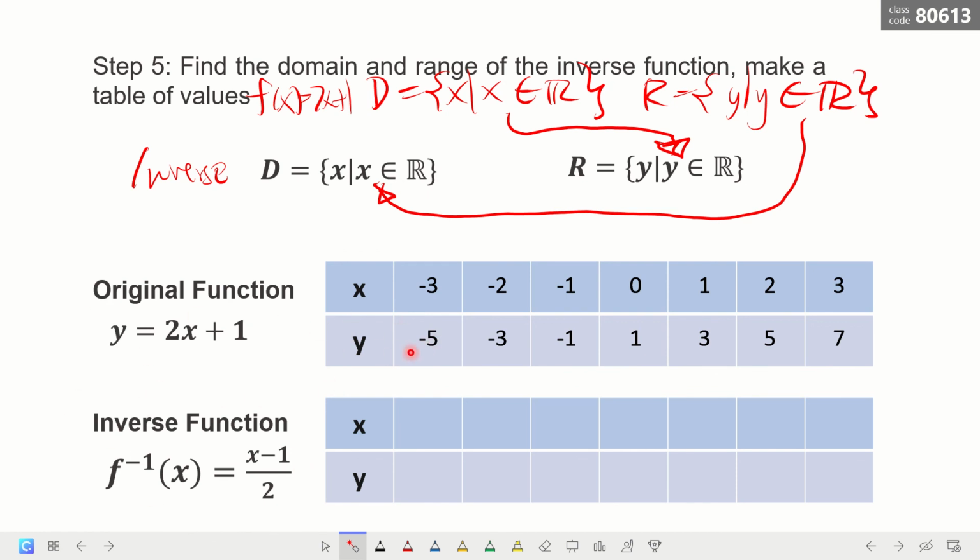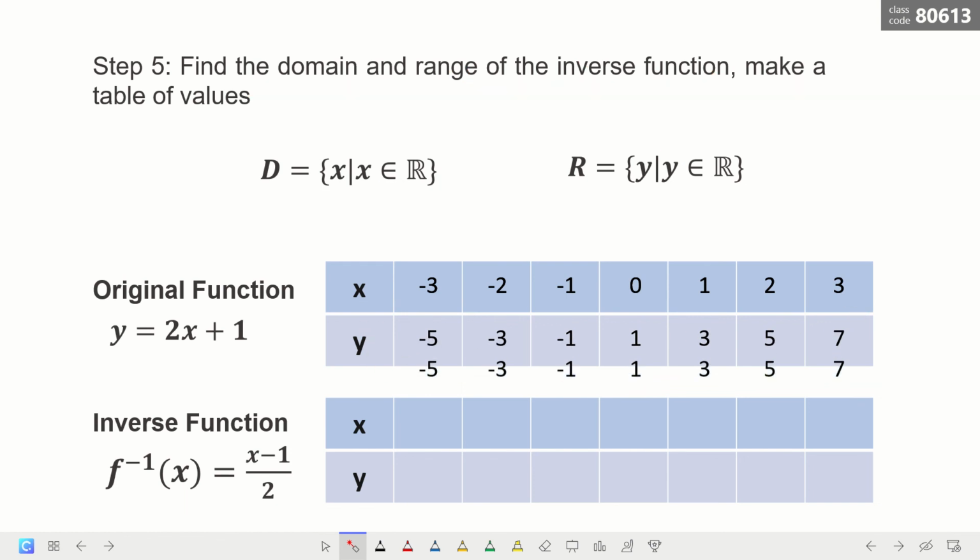Since ito yung nakuha natin na values, let us use that as the domain of our inverse. And then, if you use these values to evaluate this function, then you will arrive at this result.